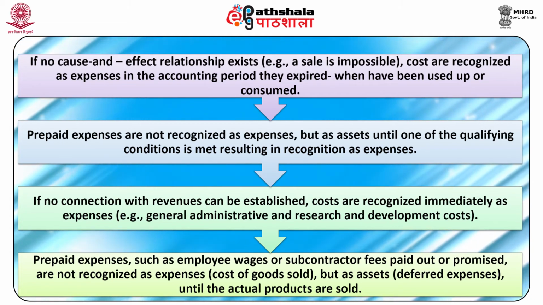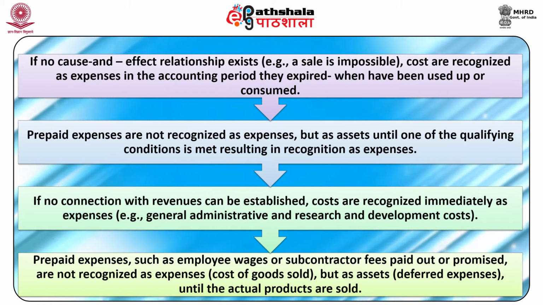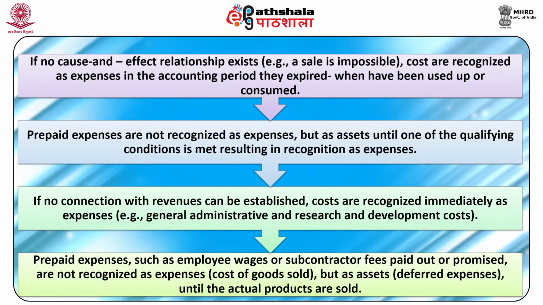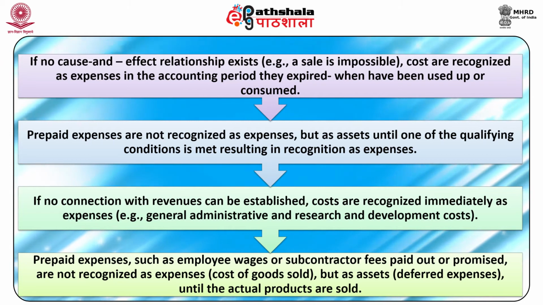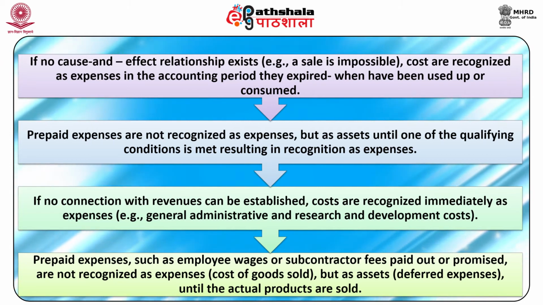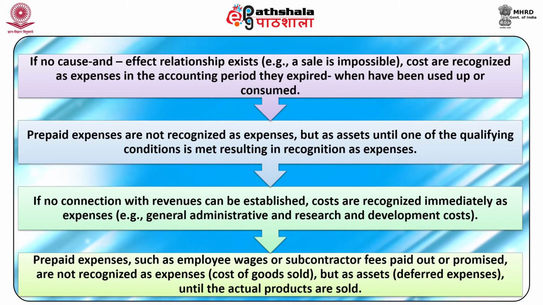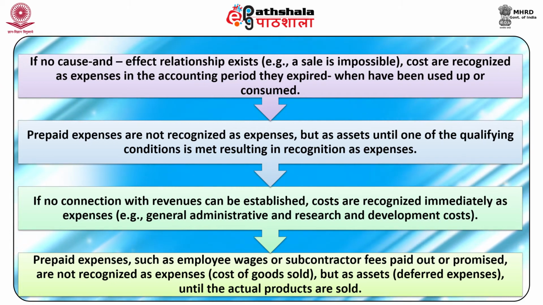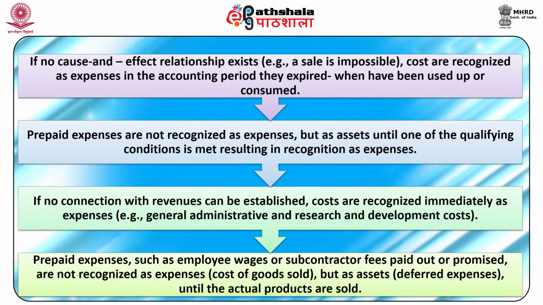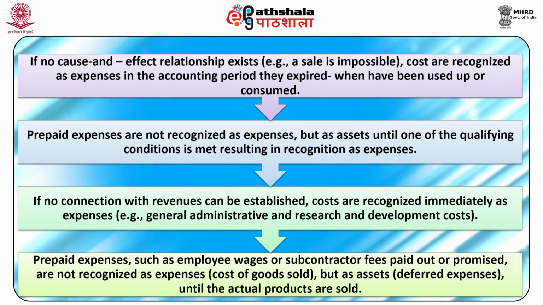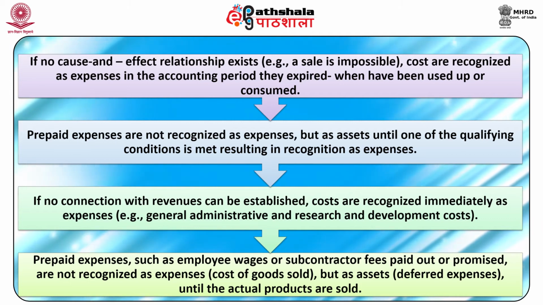If no connection with revenues can be established, costs are recognized immediately as expenses. For example, general administrative and research and development costs. Next, prepaid expenses such as employee wages or subcontractor fees paid out or promised are not recognized as expenses but as assets until the actual products are sold.